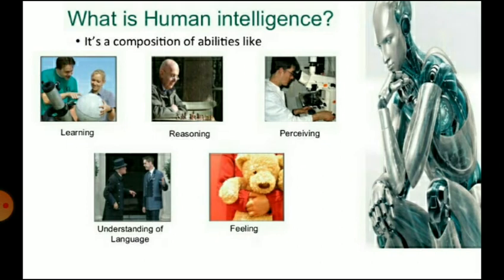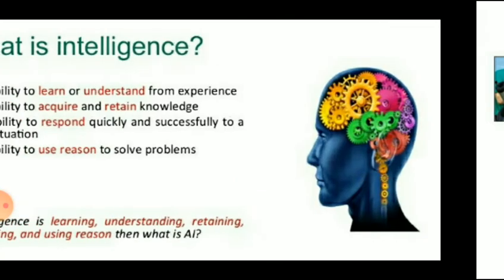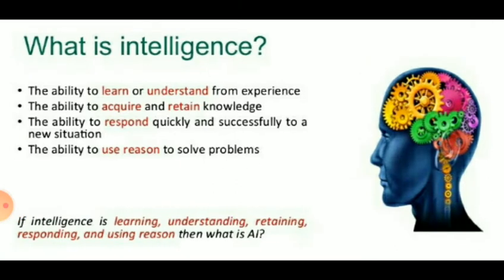What is human intelligence? Human intelligence is a composition of abilities like learning, reasoning, perceiving, understanding of language and feeling. So we can say that intelligence is the ability to learn or understand from experience, or the ability to acquire and retain knowledge.